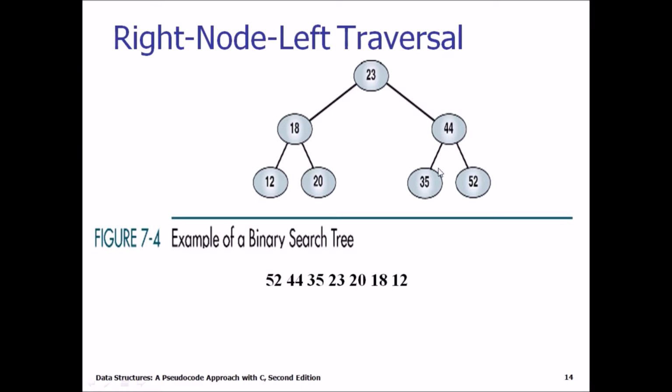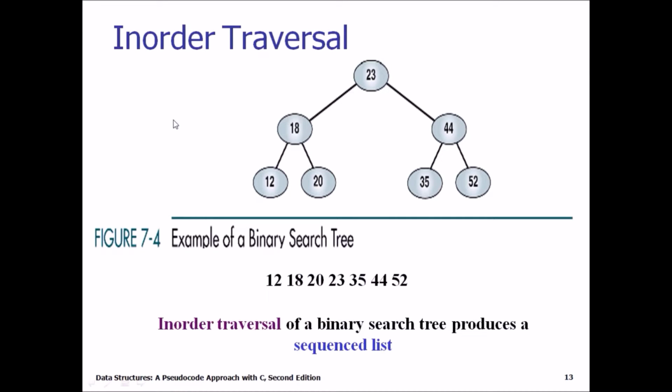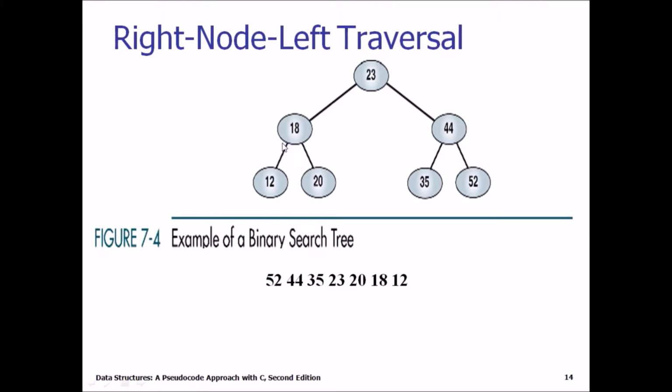So we take 52, 44, 35, then go to 23, then 20, 18, 12. Right node left traversal of a binary search tree produces a descending sequence. The in order produced the ascending order, and the right node left traversal produced the descending sequence.